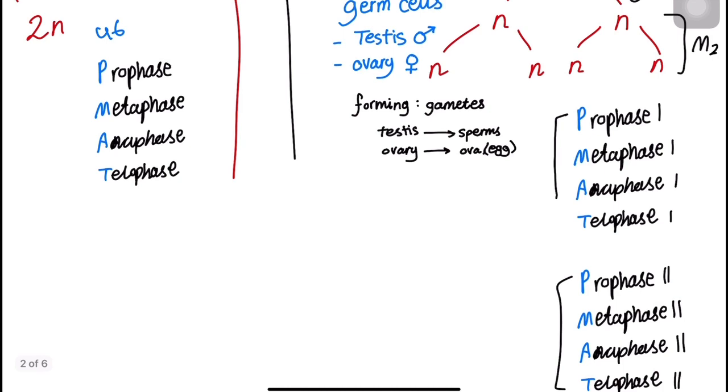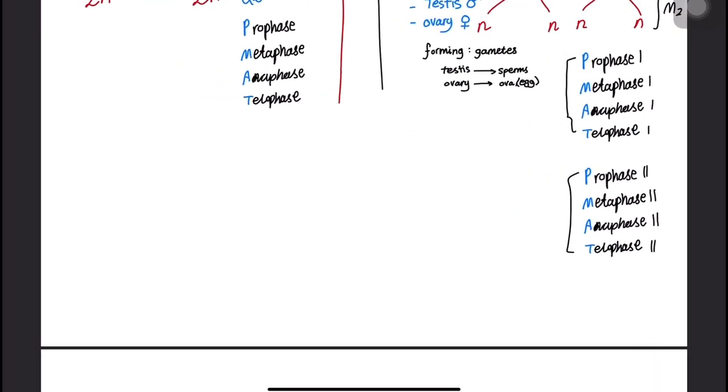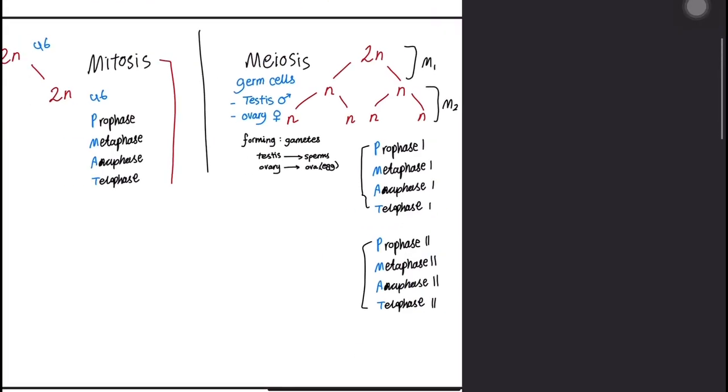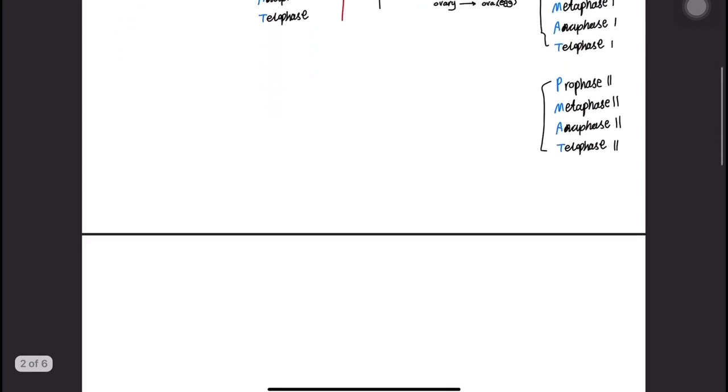The second division actually is similar to mitosis as I said before, but the difference is in the beginning actually, and then we're good. So yeah, let's start with meiosis.